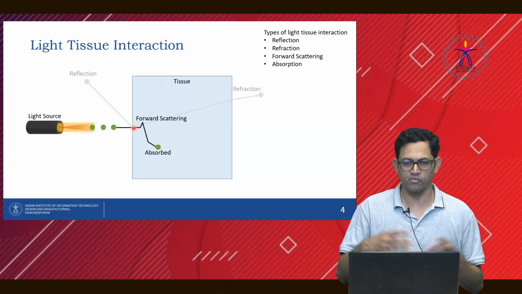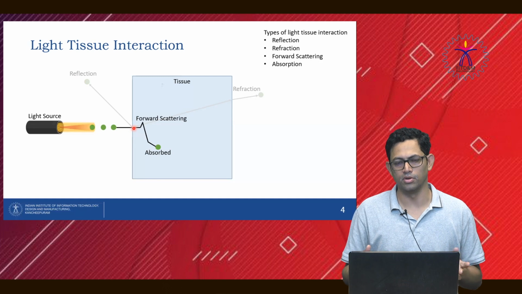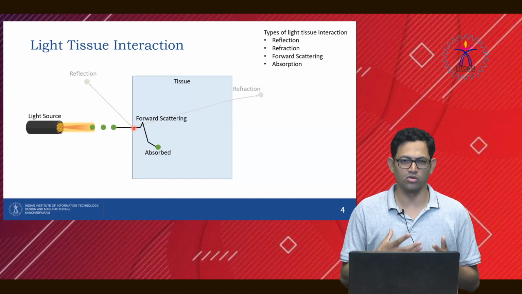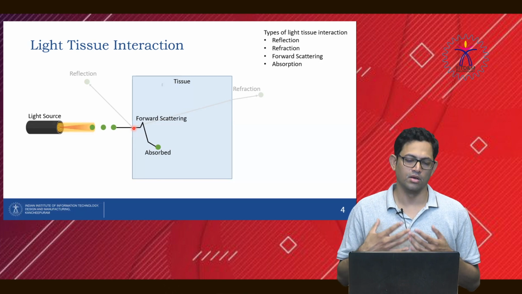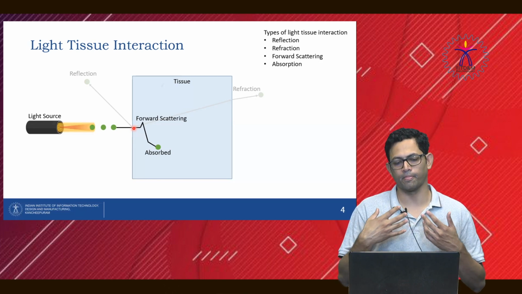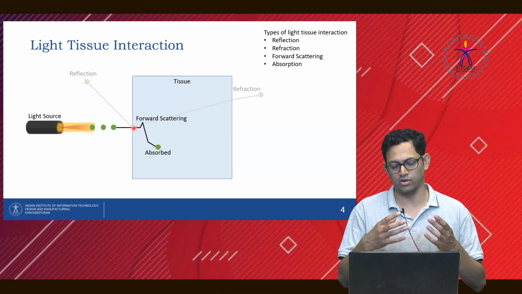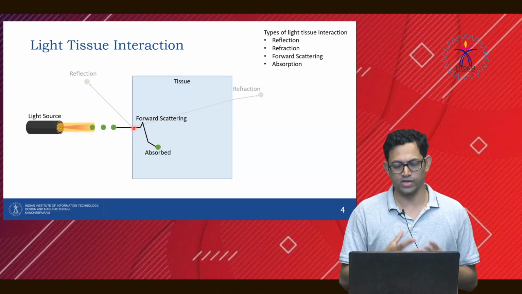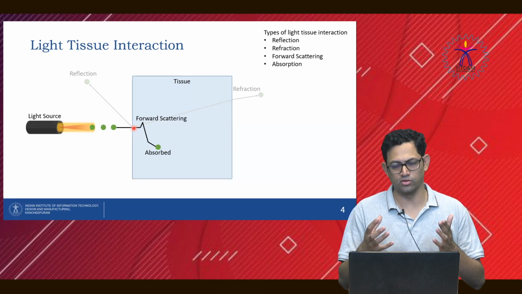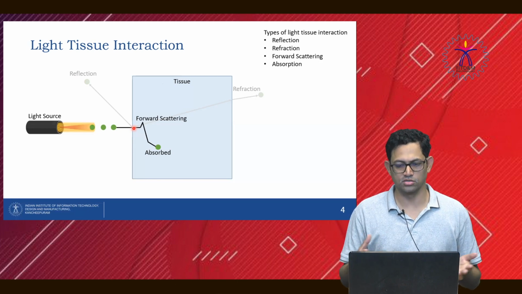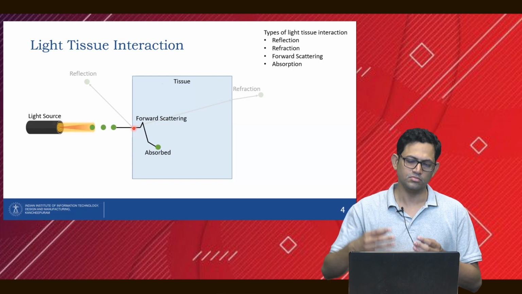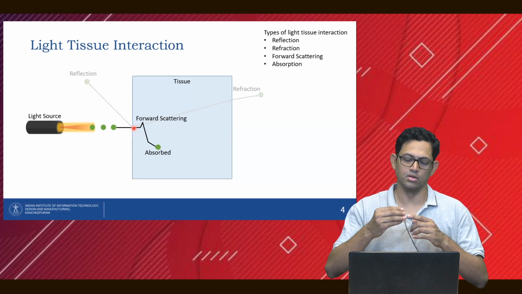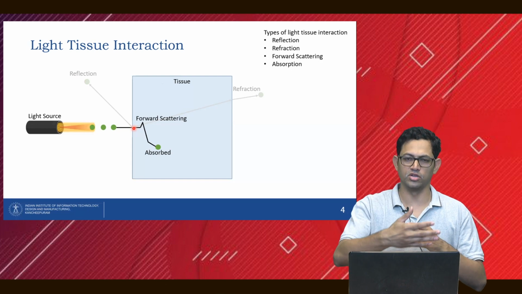And some of the photons will actually get absorbed. What I mean by absorbed is that a photon has its particular intensity. We cannot tell what power it might have, but if the complete light source that you are shining is around 100 milliwatts, it may happen that it gets completely absorbed within the tissue itself before it actually comes out, right?